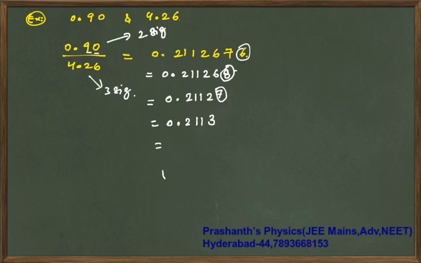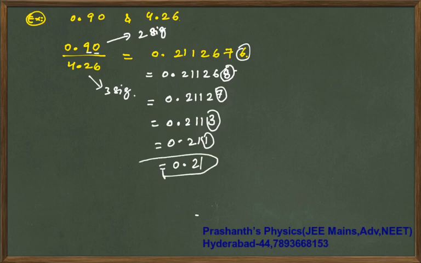Right, because 7 is greater than 5, so the 2 goes up to 3, 0.211. The 1 is less than 5, so finally it is going to become 0.21. So this contains only 2 significant figures. So this is your final answer. This is your final value.